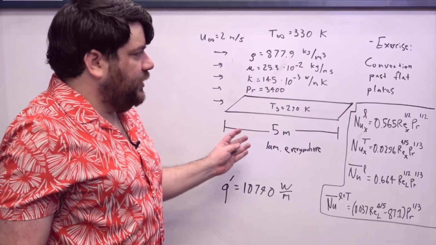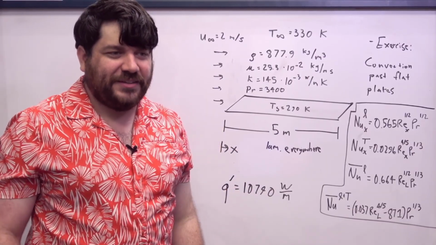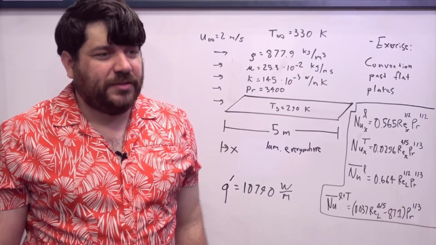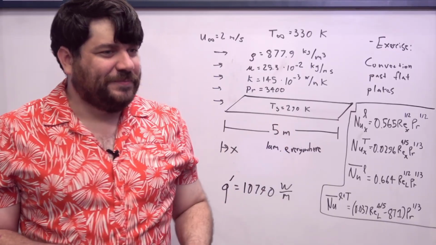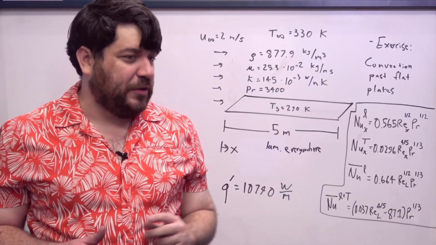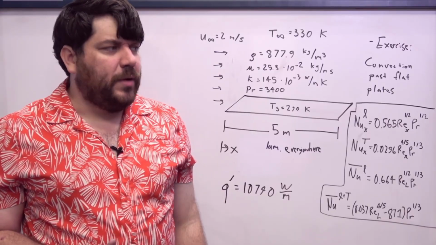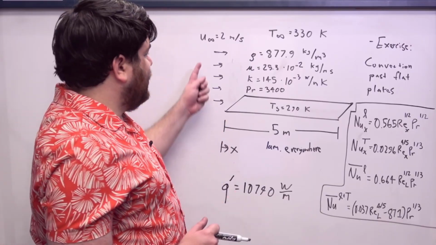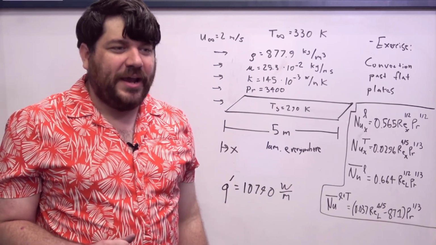And so even though this is the end of the story for how we solve problems over flat plates, we're not done yet with convection, because we have to think about, for example, what happens when we consider flow past geometries that aren't just flat plates. What happens if we have flow past a cylinder? And then we also have to consider what starts to happen when we are considering systems where maybe the connection between the fluid and the thermal properties is not one way, right?